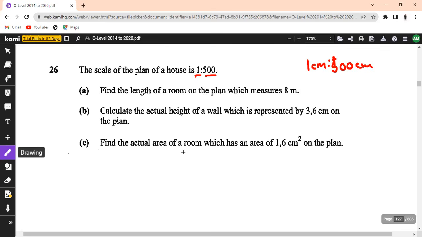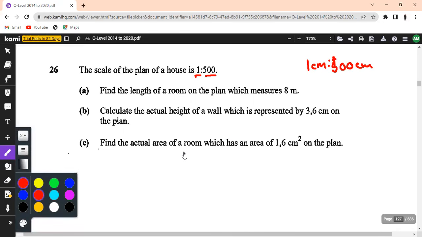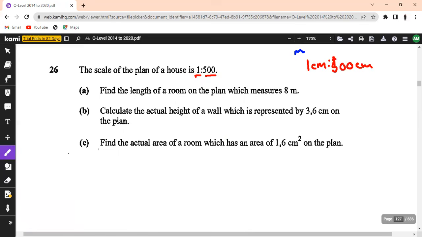This is the 1 centimeter which occurs on the map, and this is on the actual ground. So you convert from these 500 centimeters to the units that are there. In this case, we are given what? To find the length of the room on the plan, which is the map, which measures 8 meters. So our units were supposed to be used in meters. So let us convert this scale to meters.